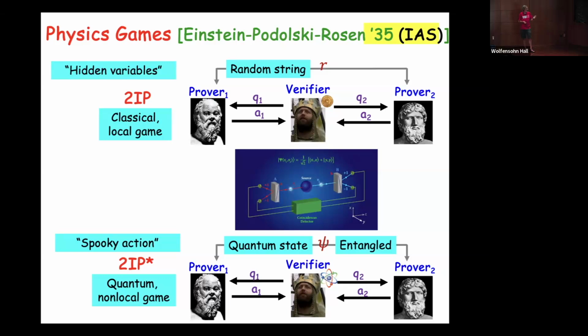And here, the attempts were mainly not to characterize all games, but rather to find examples of games which separate the two, where with quantum entanglement, you can do more than with classical hidden variables.